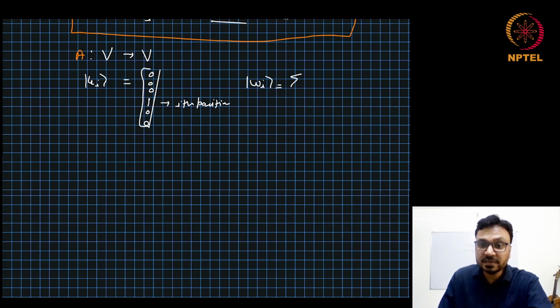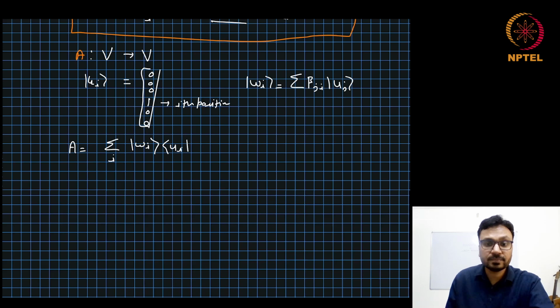Since V is going to V, our Wi can also be written as, let us say, the sum over j of beta ji Uj. Every vector can be decomposed as a linear superposition of the orthonormal basis Ui, so every omega Wi also can be written as a superposition of the Uj. So now, since A is the sum over i of omega i bra Ui, this can be written as the sum over i, sum over j, of beta ji Uj bra Ui.